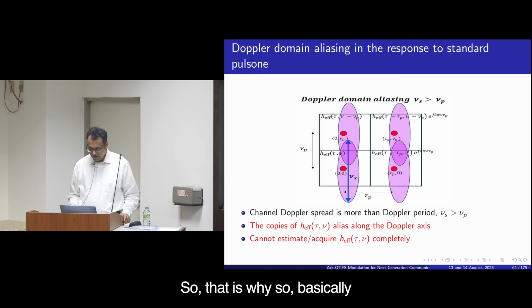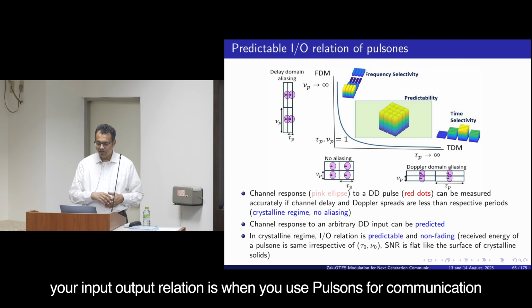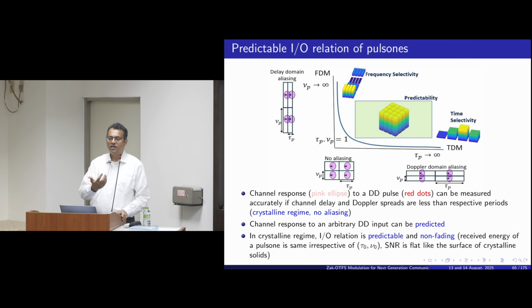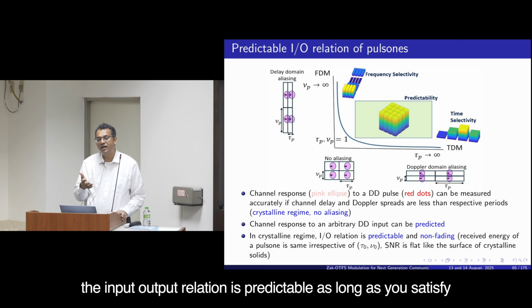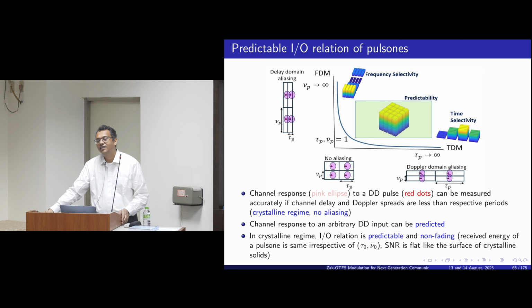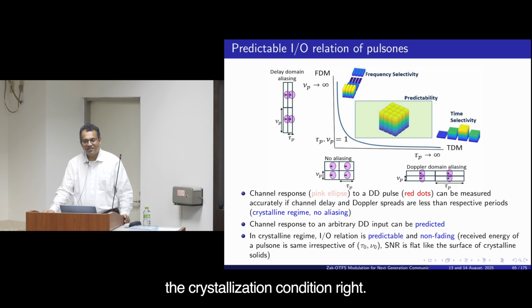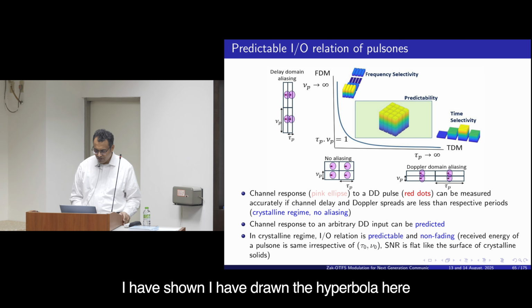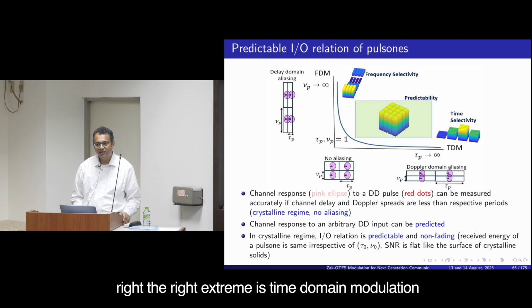So basically, when you use pulsons for communication, your input-output relation is predictable as long as you satisfy the crystallization condition, right. I have drawn the hyperbola here, right.